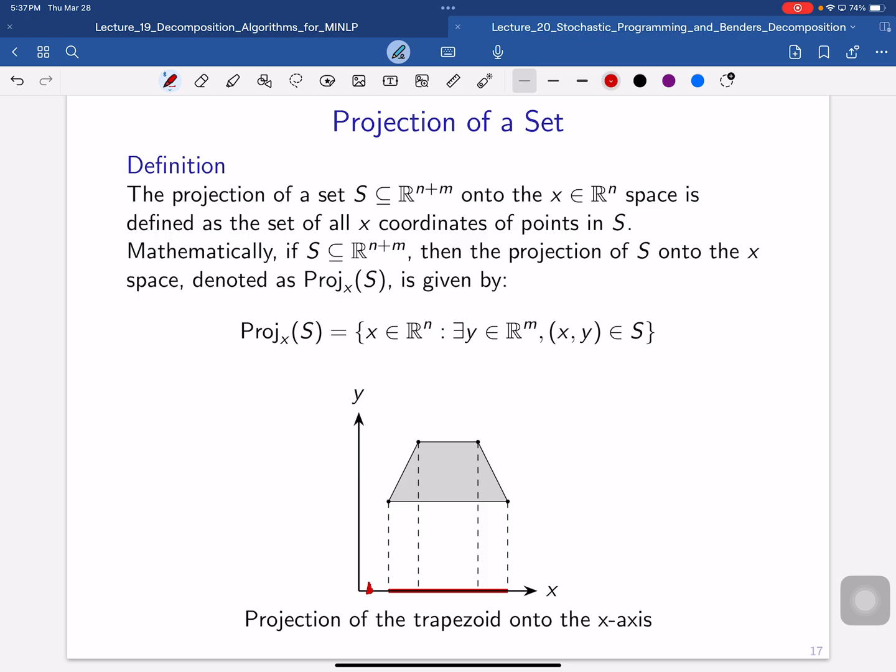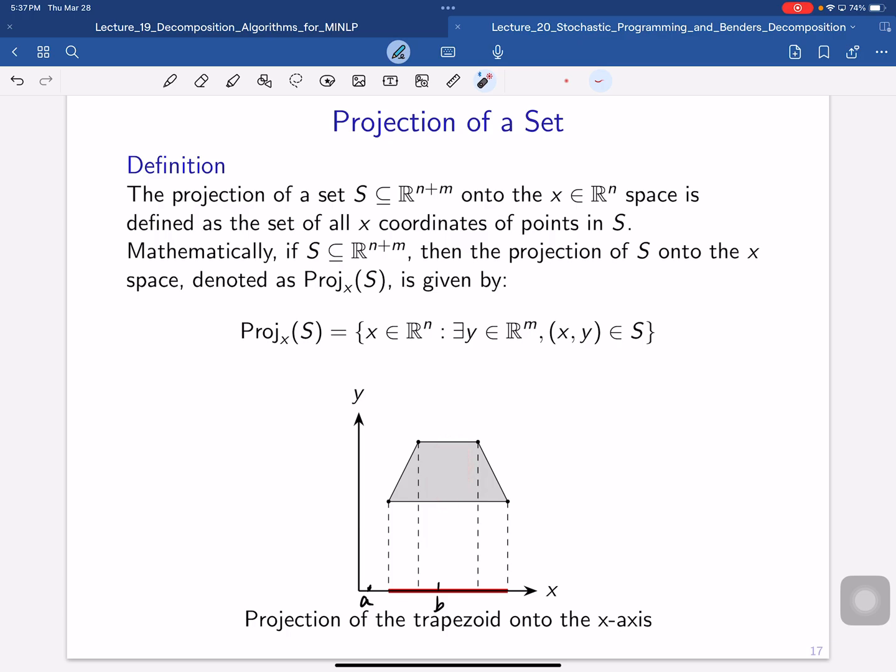But if I pick any points, maybe let's write this as a black line here. Let's say we have a point A here. So no point in this set has a coordinate of A, right? If I pick any point on this red line, let's say if I pick B here, then I know there is at least one point in this set whose coordinate is B, right?